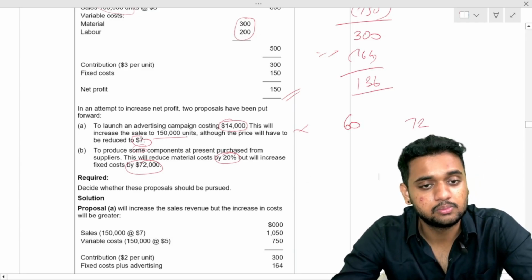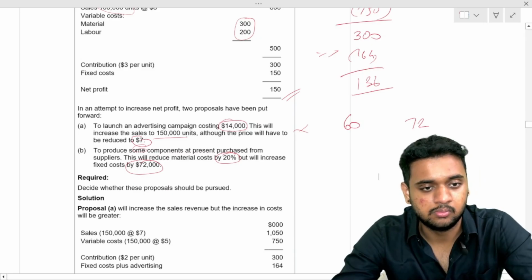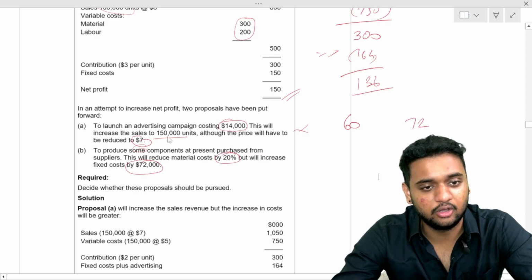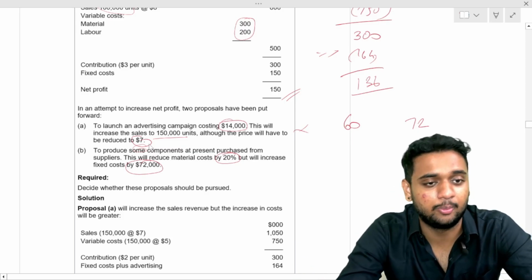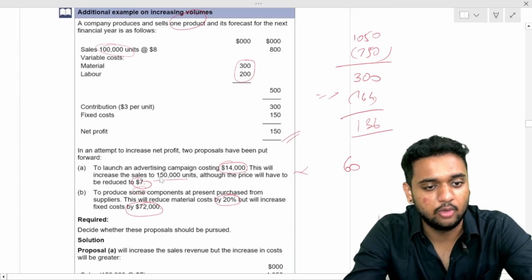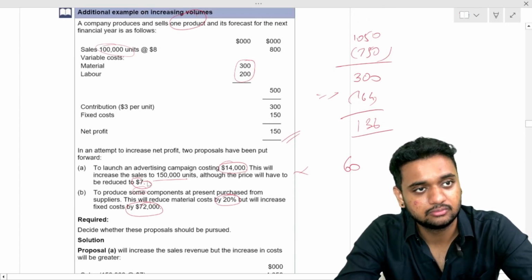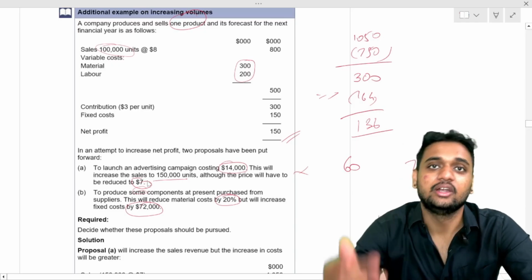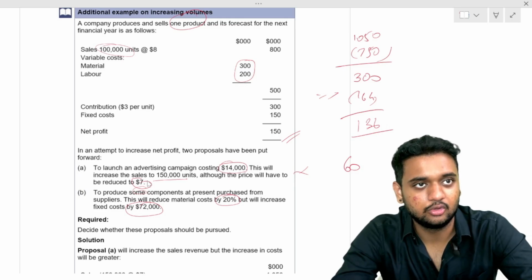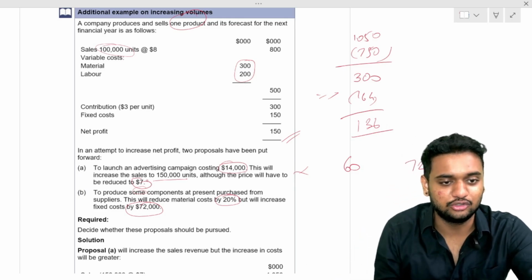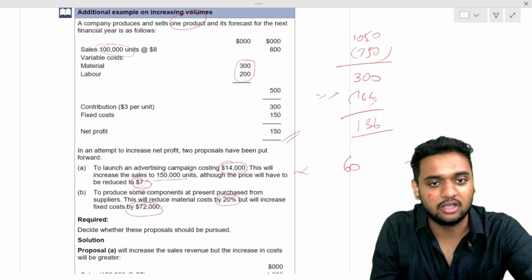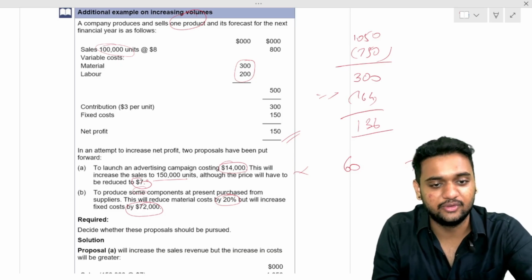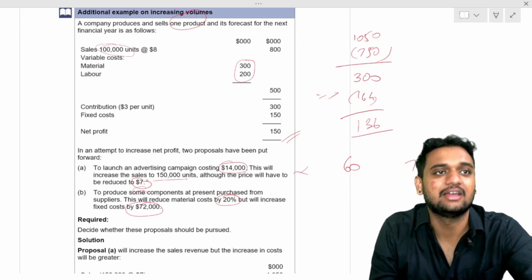Like first you said that you should take the whole unit. Can you explain that concept? Because of that 1 lakh, because of the advertising, whatever you're selling currently, that price is also reducing to 7 rupees. Earlier we were selling for 8 rupees, now we are selling for 7 rupees. In both cases, you can take the entire thing and do it in any way. In the second case also, we can again take sales minus material cost minus labor cost to get contribution, minus fixed cost of 1,50,000 plus 72,000.